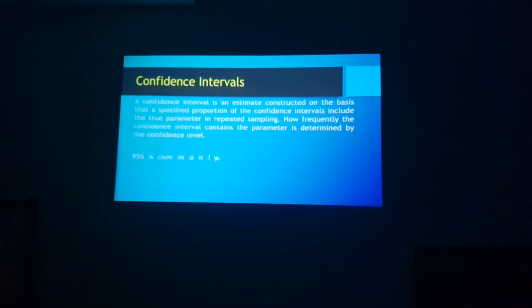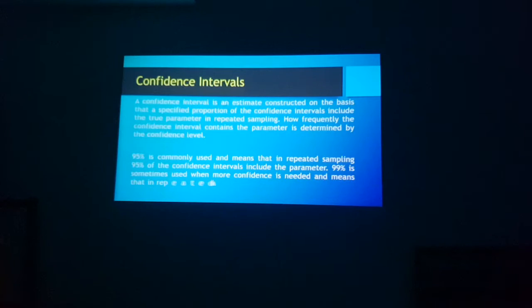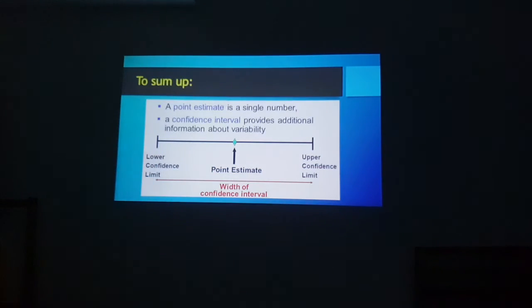How frequently the confidence interval contains the parameter is determined by the confidence level. 95% is commonly used and means that in repeated sampling, 95% of the confidence intervals include the parameter. 99% is sometimes used when more confidence is needed and means that in repeated sampling, 99% of the intervals include the true parameter. To sum up, a point estimate is a single number.